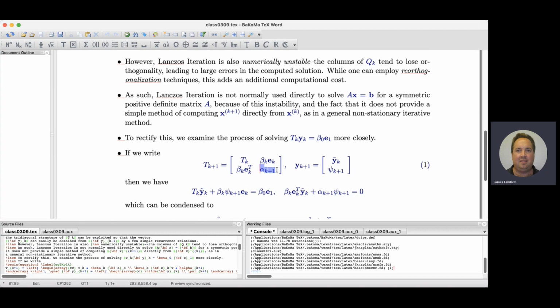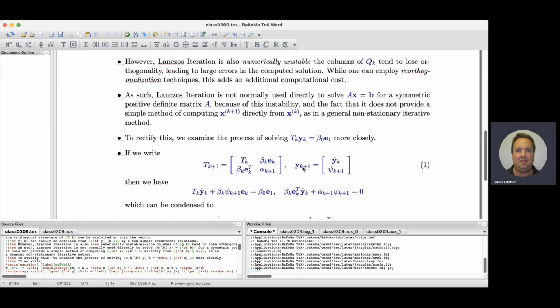And then we add on one more diagonal entry, alpha_{k+1}. If you look at the notes from last time, T_k is a tridiagonal matrix that has alpha_1, alpha_2, and so forth down the diagonal, and beta_1, beta_2, and so on down the super-diagonal and the subdiagonal. So we're just adding on the latest alphas and betas.